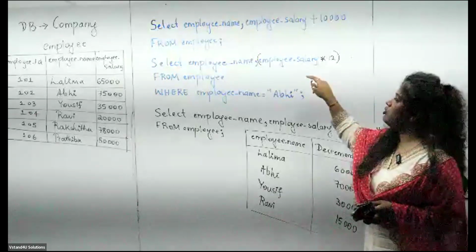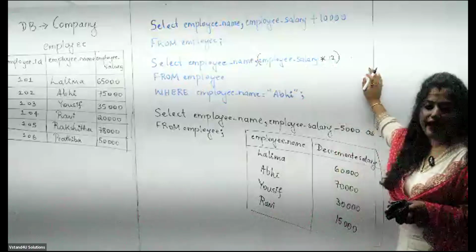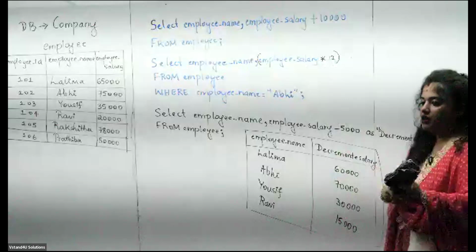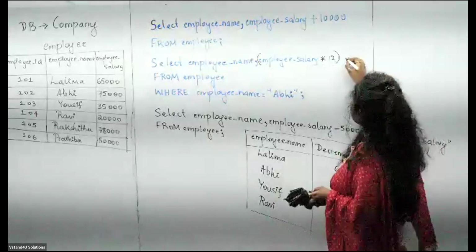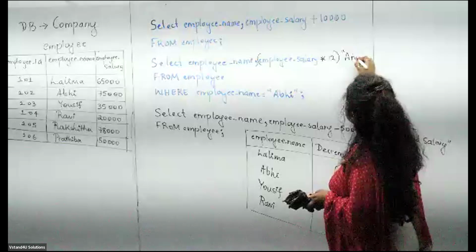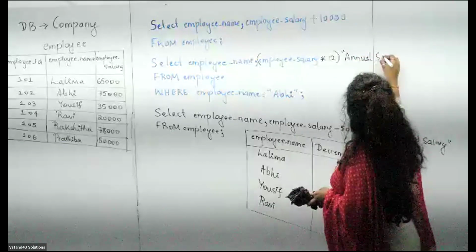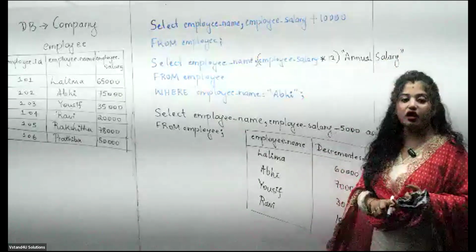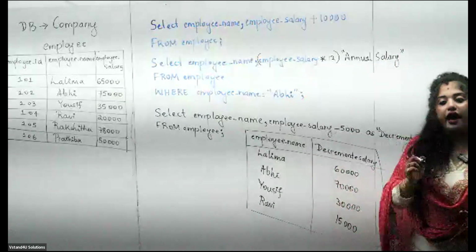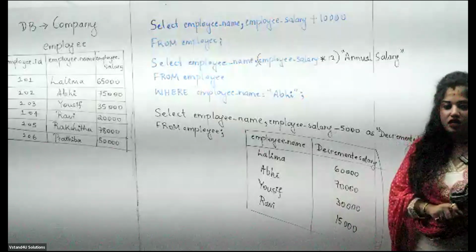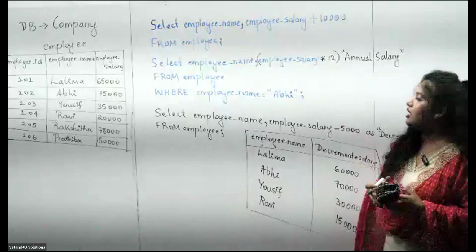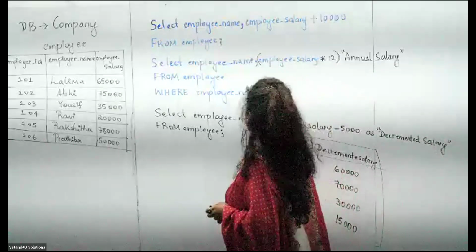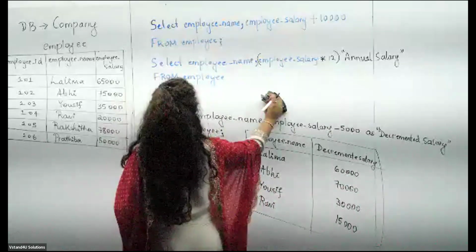Now I have to change this employee salary into 12 as annual salary. Can I directly write like this? With the as keyword also you will get the output, and without the as keyword also you will get the output. From employee, that's all. Should I remove this where condition? So now what is the output you will get?